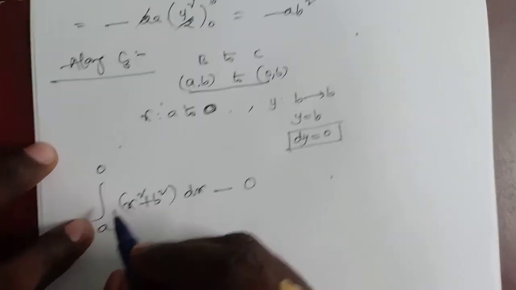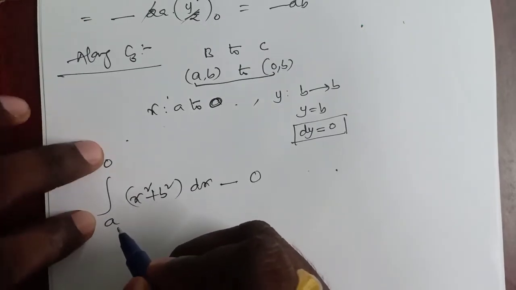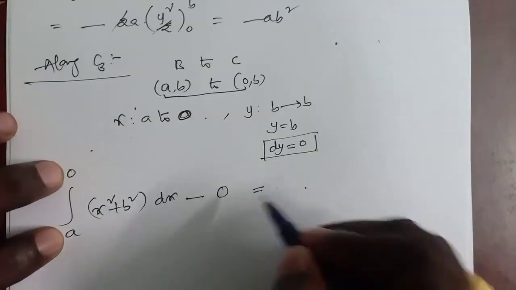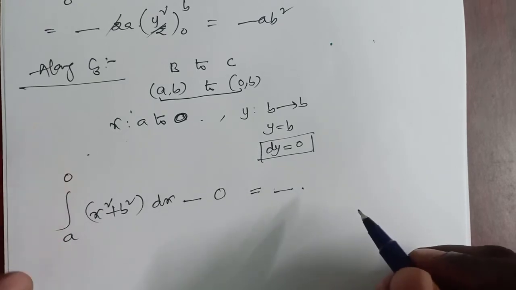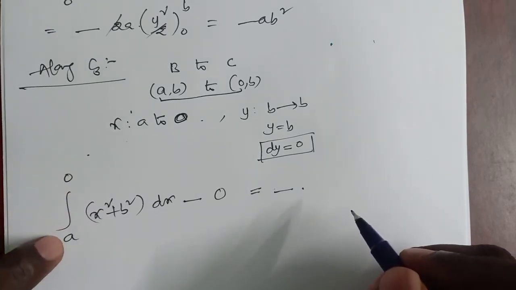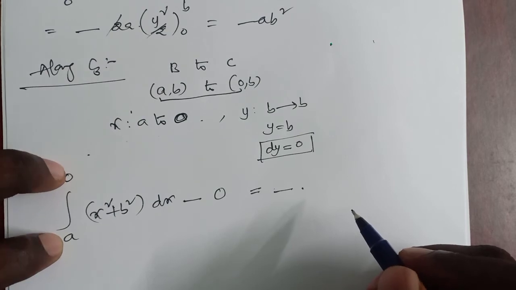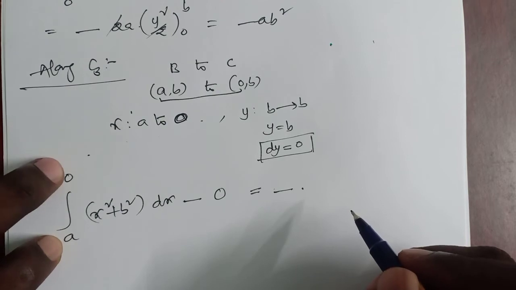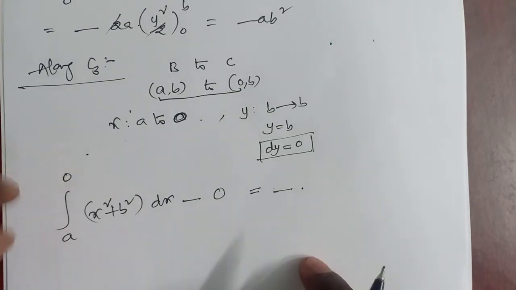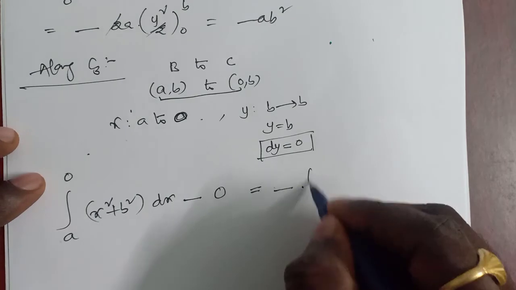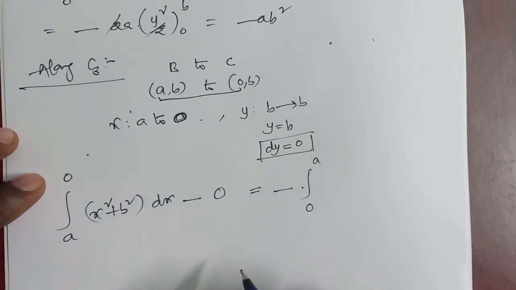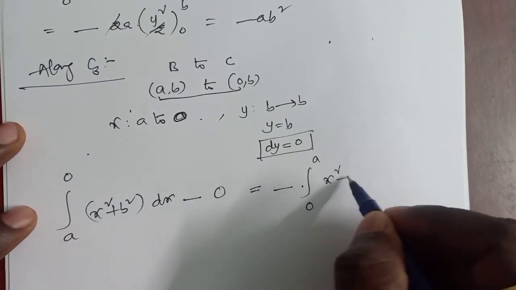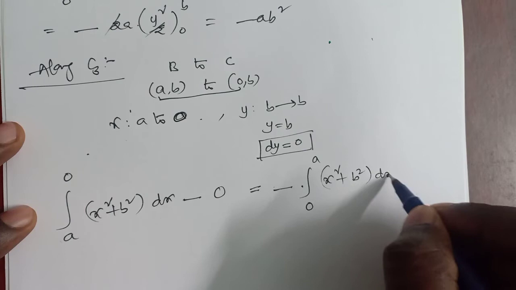Now the boundaries are from a to 0, so it is the wrong order, so we need to change the order and take minus. Why? Because the lower boundary should consist of the least value and the upper boundary the highest value, but here these two are different. The lower boundary is maximum and the upper boundary is least, so we need to transform these boundaries to 0 to a, and if you convert these boundaries, you need to take minus x square plus b square into dx.